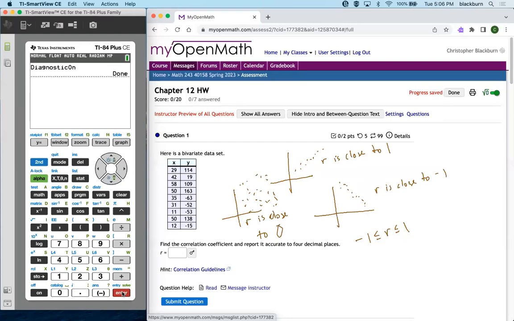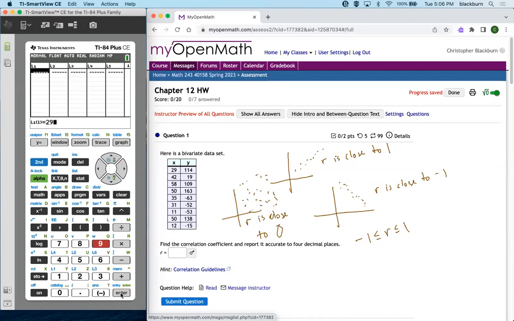Well, this table is going to be entered via stat edit, just like we've done 100 times already. So stat edit, if you got stuff in there like I do, go up and clear, enter on the list. Clear, enter. Now I just start entering those numbers.